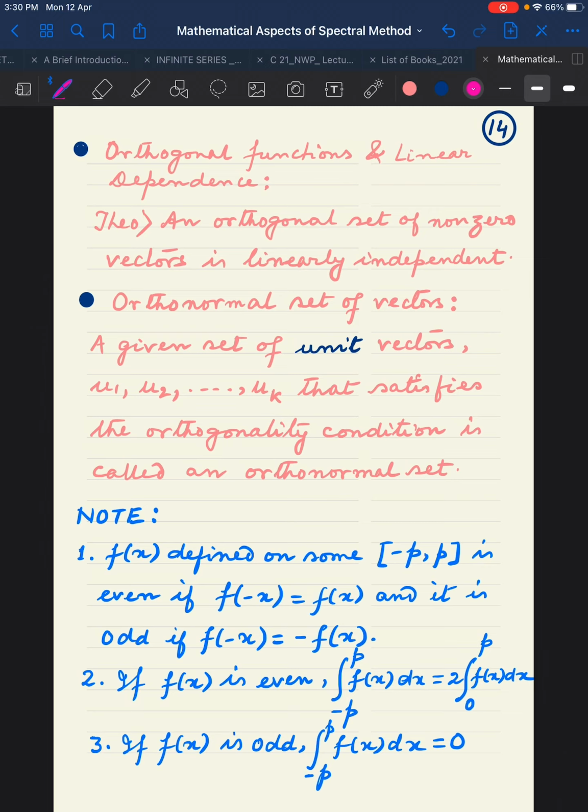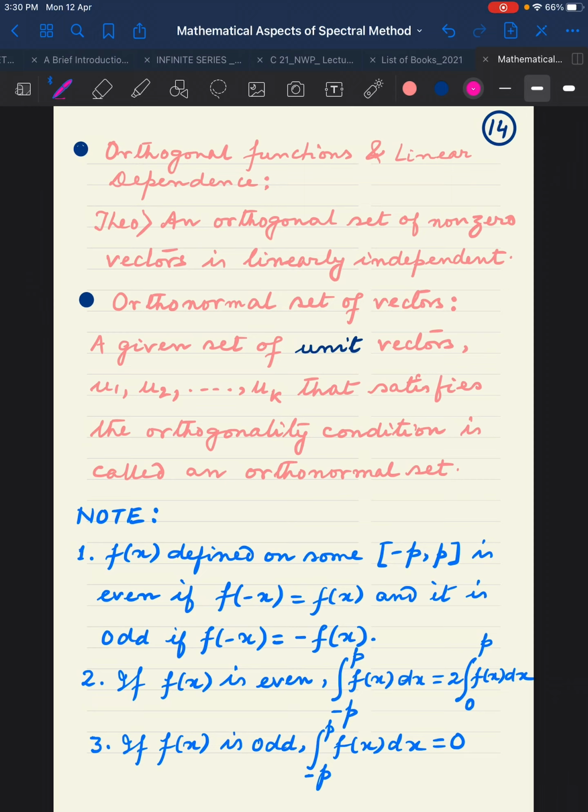So the orthogonality condition will be satisfied by the vectors u1, u2, u3, ..., uk, but they will be called orthonormal if they are unit vectors, right? Sometimes, instead of an orthogonal set of vectors, to solve an equation we need an orthonormal set of vectors also.